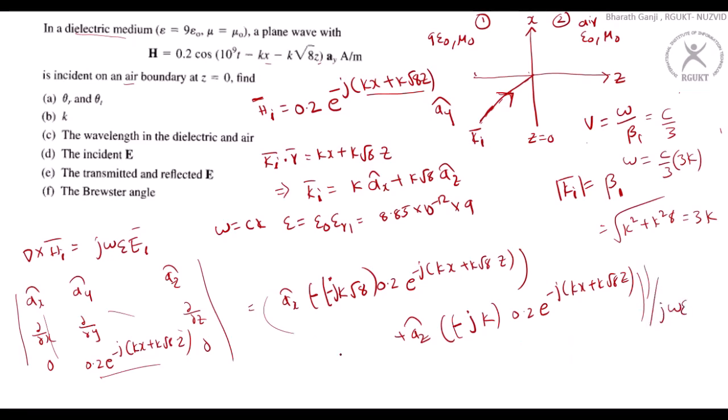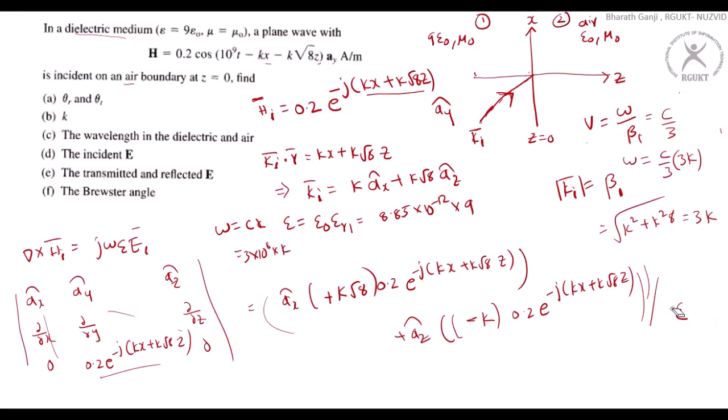If you do that you'll end up with the incident electric field. Here you can see the j cancels out in all the equations. Here j cancels out, here also j cancels out, minus into minus simply becomes plus. So I get plus k here. There is still a minus sign here. Now you are left with omega epsilon. If you divide by omega epsilon, I have omega, which is 3 into 10 to the power of 8 into k.